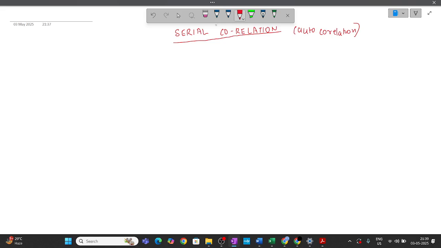Now there are two types of serial correlation: positive and negative. So positive serial correlation.